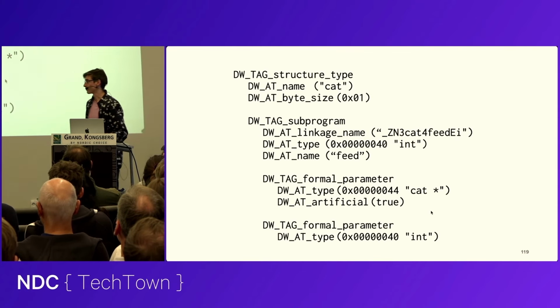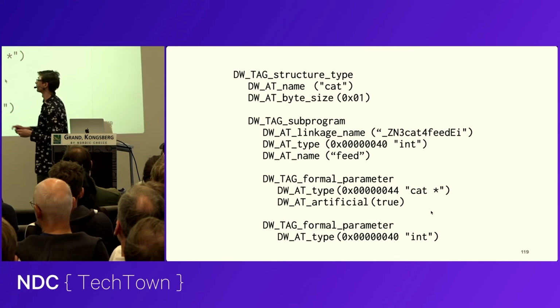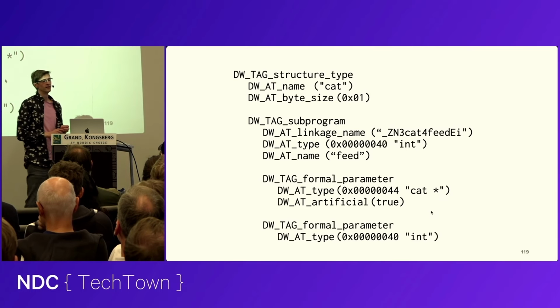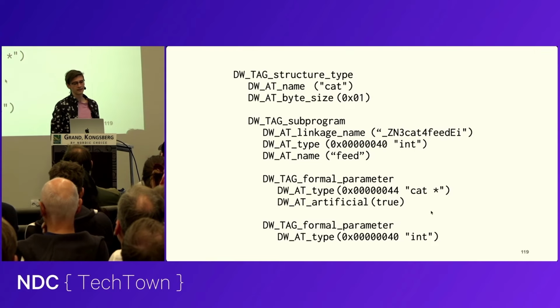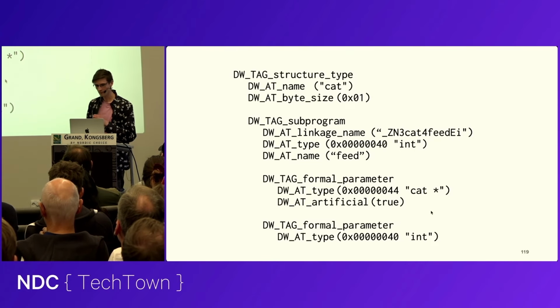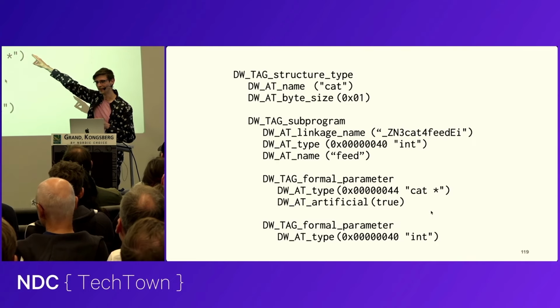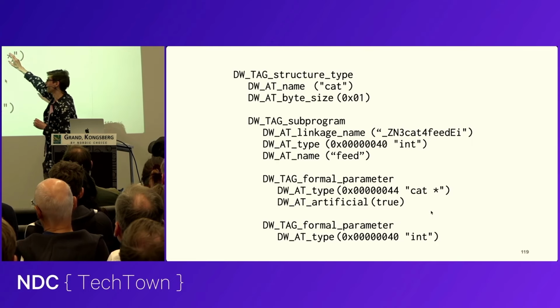So looking again at some DWARF information, we might have our Cat type, which has a size of 1 byte, and it has a feed function. Note this weird linkage name thing. That is name mangling.